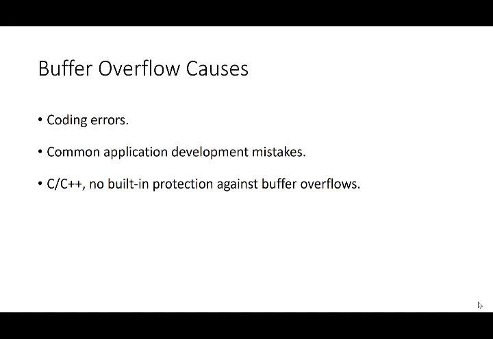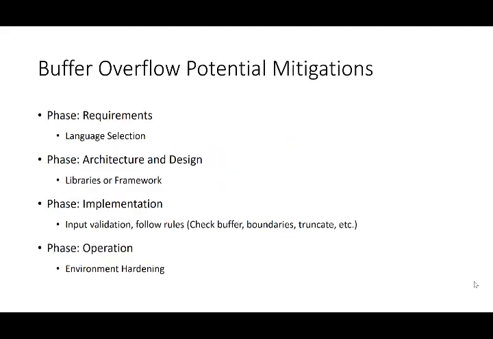These mistakes are typically problematic with C and C++, which do not have built-in protections against buffer overflows. Consequently, programs written in C or C++ are often targets of buffer overflow attacks.